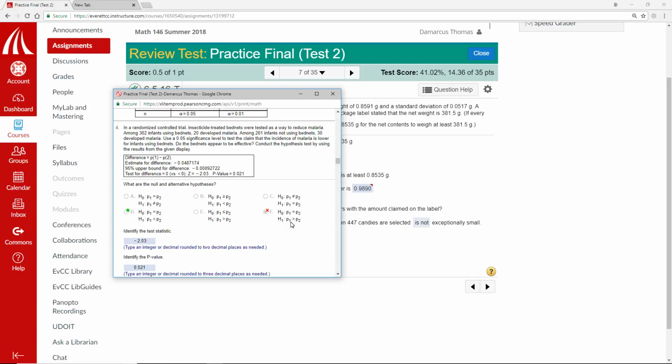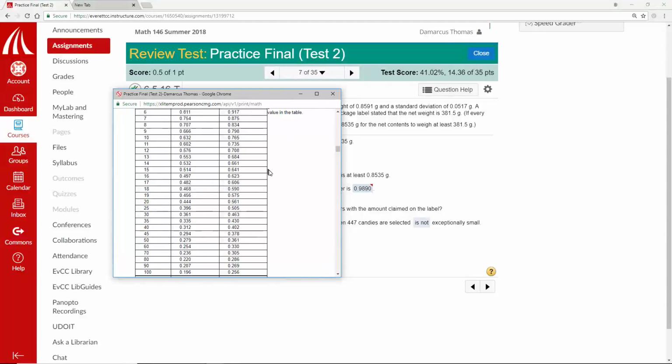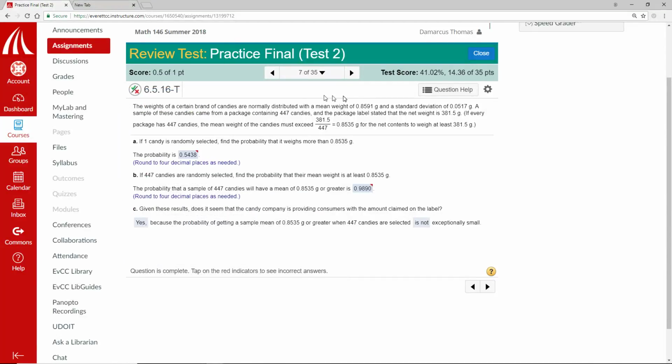And then we wanted to state that using bed nets will help you. And so we were supposed to choose F, and I think I mistakenly. So this was just an error on my part. But we did understand this one. Using bed nets is here, population one, and not using bed nets is there. So that was pretty rough.